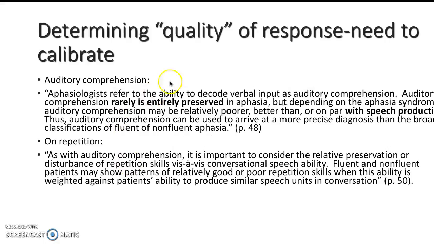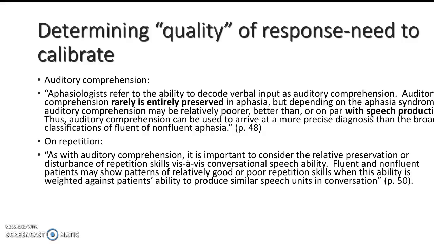For auditory comprehension then, Estabrooks and colleagues say that aphasiologists refer to the ability to decode verbal input as auditory comprehension. It's rarely entirely preserved in aphasia. According to Darley's definition, we would say it's never entirely preserved. And we are going to then compare whether or not it's good or poor or on par with the speech production.